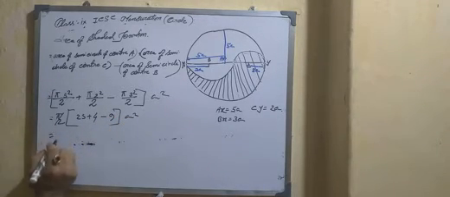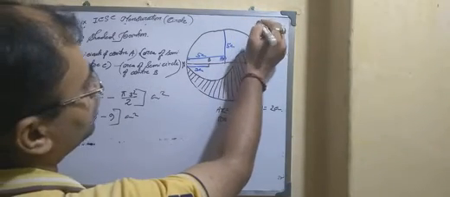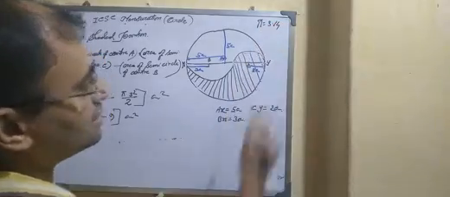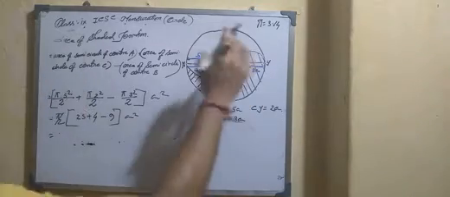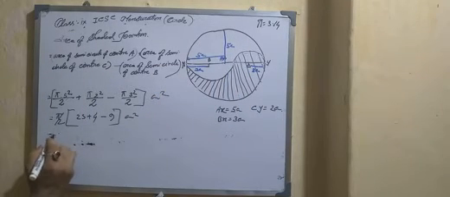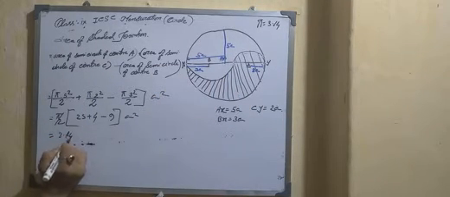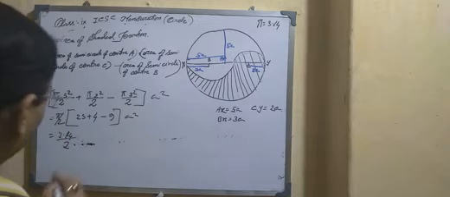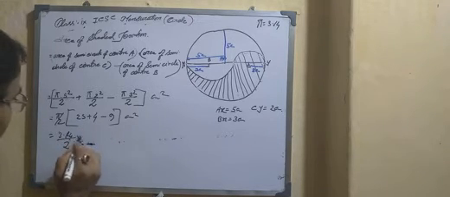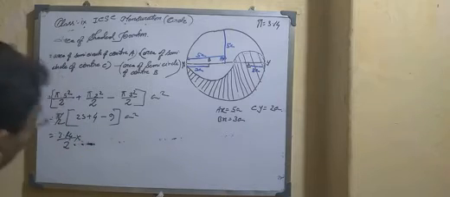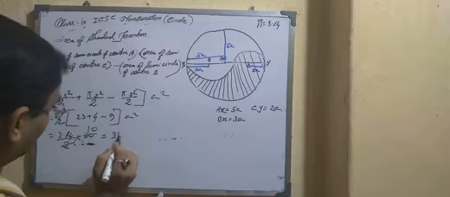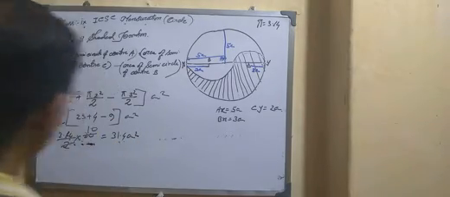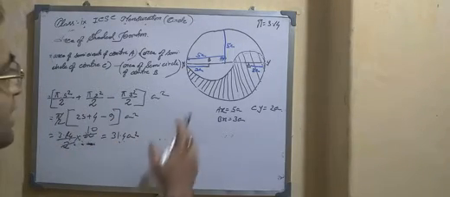That means pi by 2, here pi equal to 3.14 is given. So we just write 3.14 instead of pi upon 2, into 20, 29 minus 9 then 20 is 10, equal to 31.4 centimeter square. So this is the area of the shaded portion.